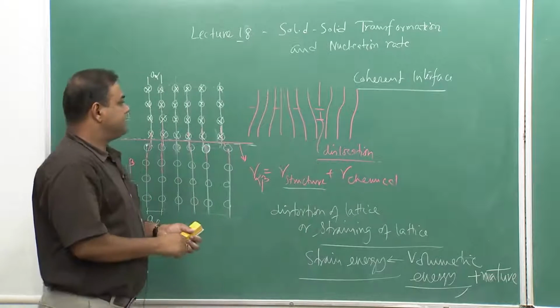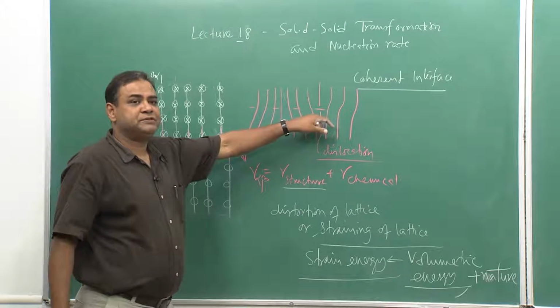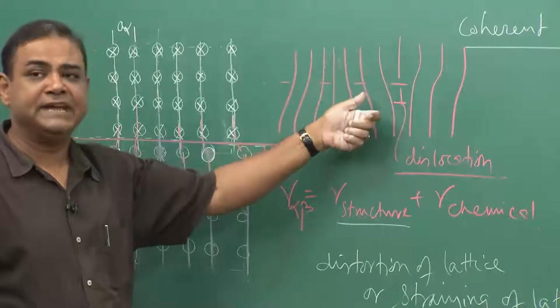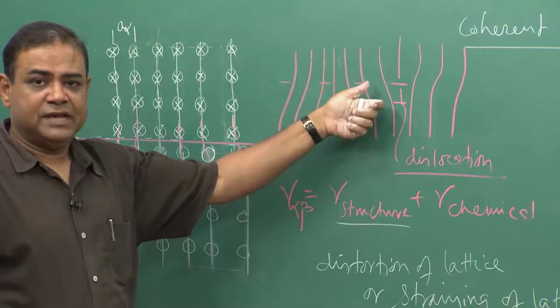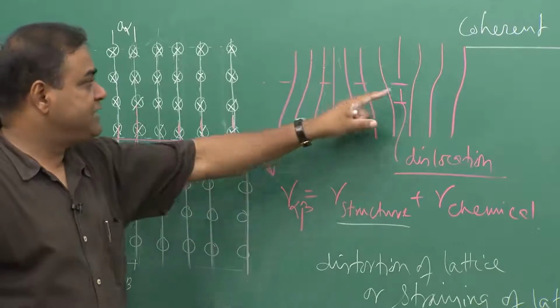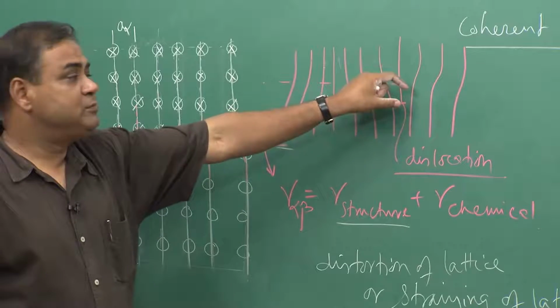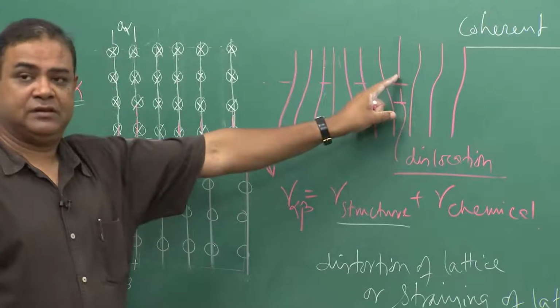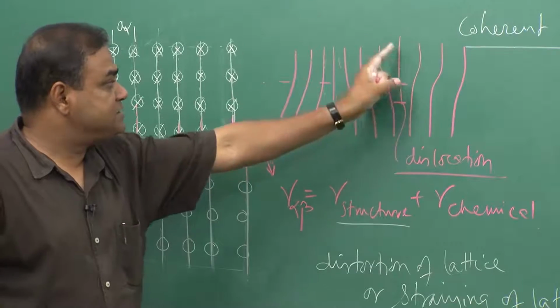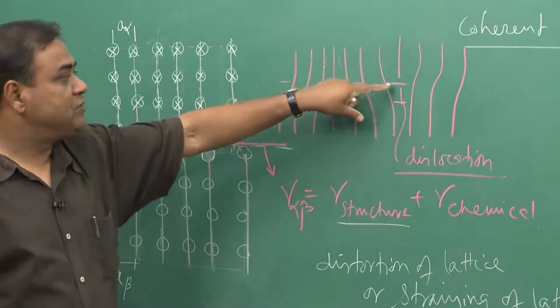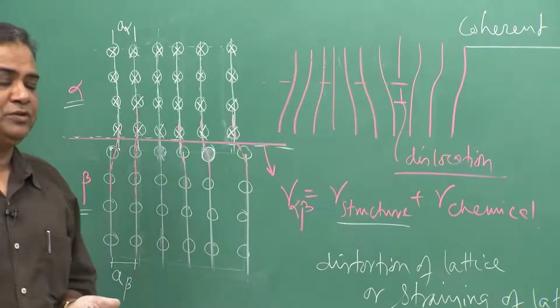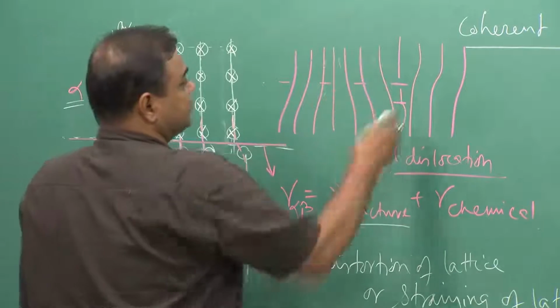Whenever this extra strain energy which is required for the lattice bending is not permitted, then that much energy will be stored in the form of dislocation. So, there will be an extra lattice plane on top of this particular interface and no plane below this, and then again the situation will continue.